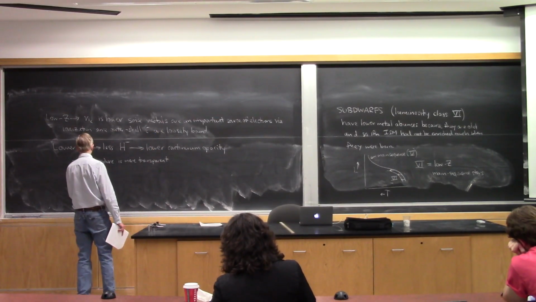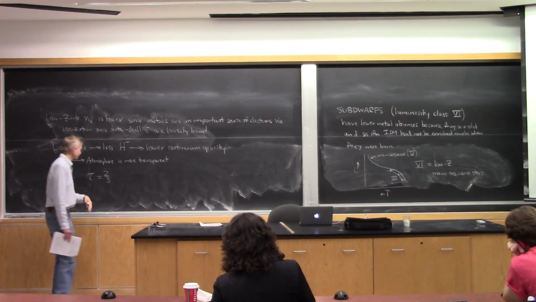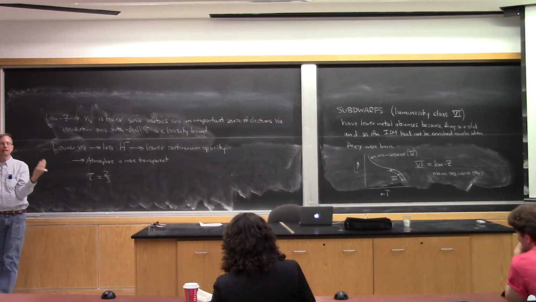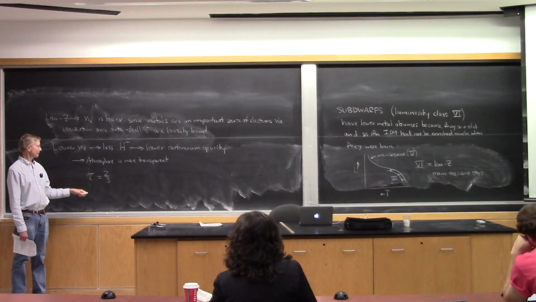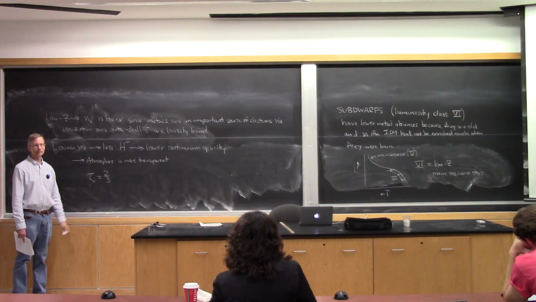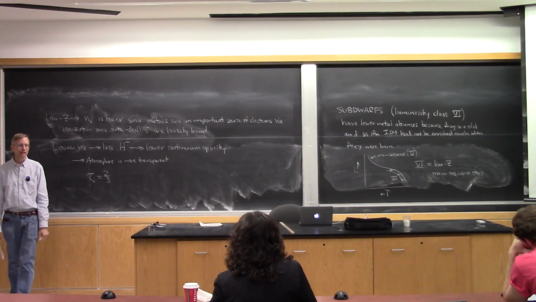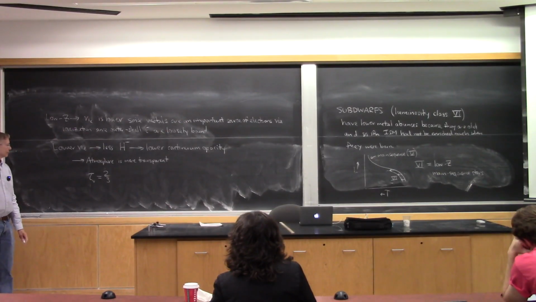And in particular, the level where tau equals 2/3, and I could put tau v on it if you like, the vertical optical depth of 2/3.